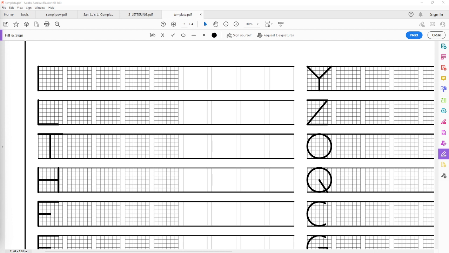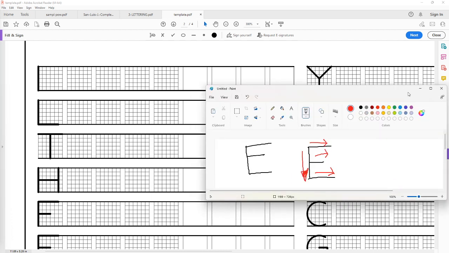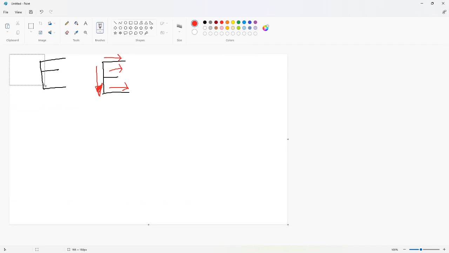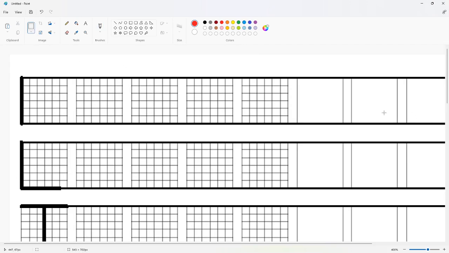But that does not mean that you would be drawing grids for this. There is no need to draw grids. That would be wrong. You just draw directly, freehand. Draw L, and that's it.